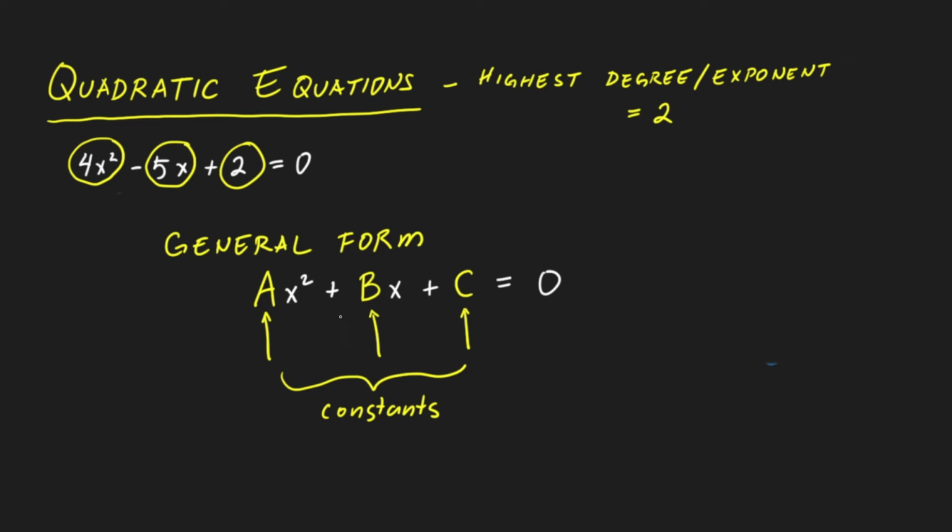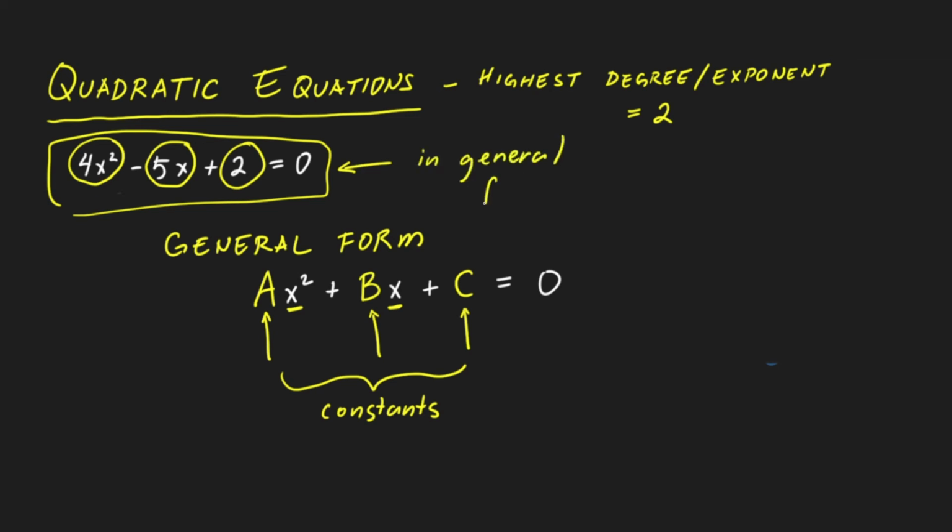And the first term, of course, has a variable which is x squared. The second term will have an x as the variable, and the last term will be the constant. So this equation that you see right here is already in general form. And this is the form that we would like to work with most of the time.